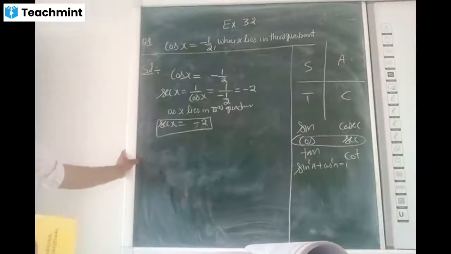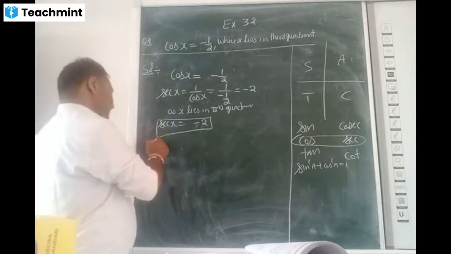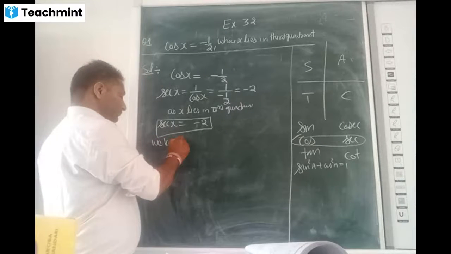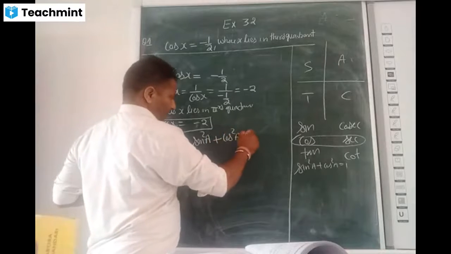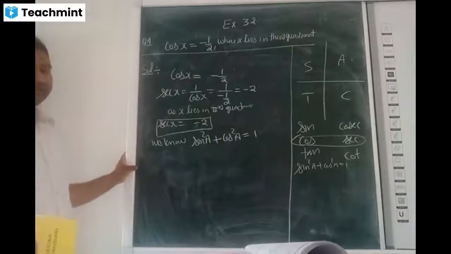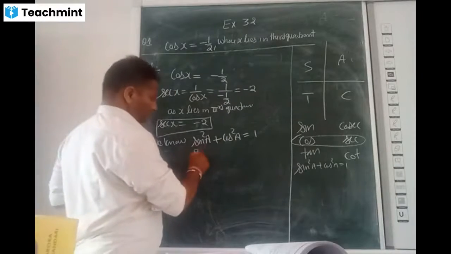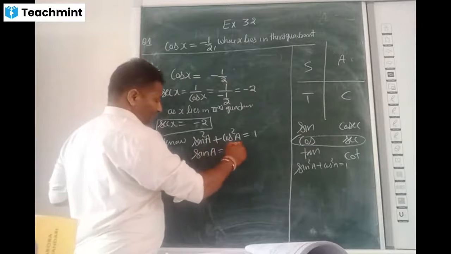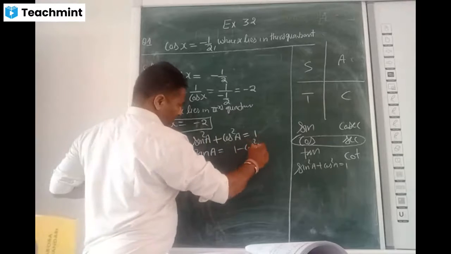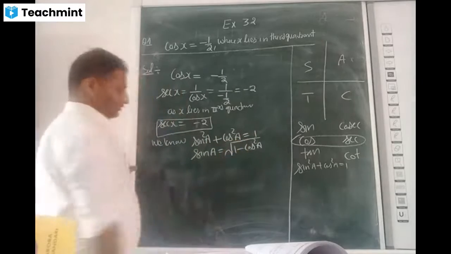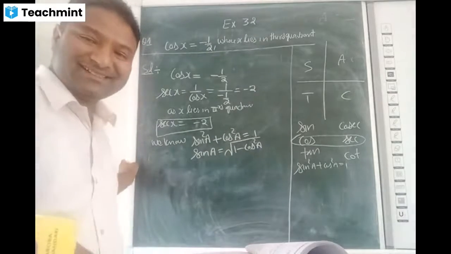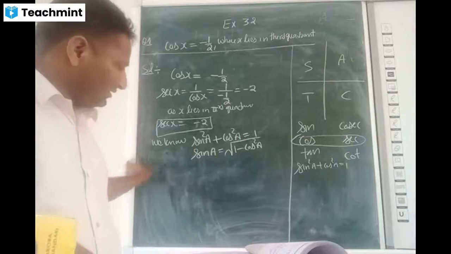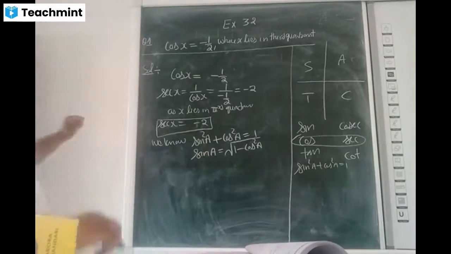So using that, sine square a is 1 minus cos square a. I think it is clear to you. Is it clear? Yes, sir.